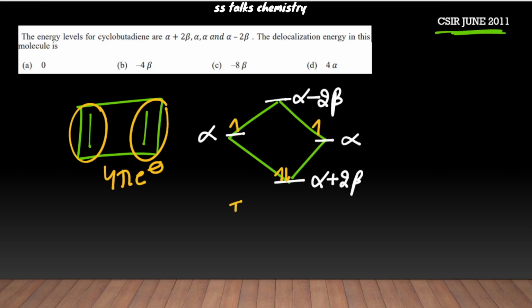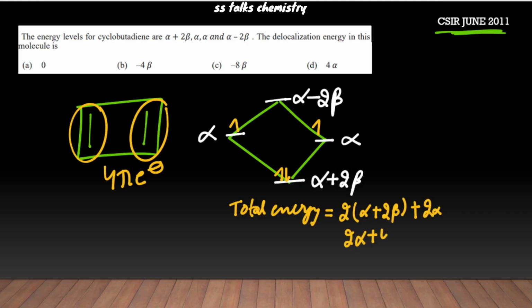So total energy is going to be 2 times alpha plus 2 beta plus 2 alpha. Right, so it becomes 2 alpha plus 4 beta plus 2 alpha, that means it is 4 alpha plus 4 beta. So this is my total energy.